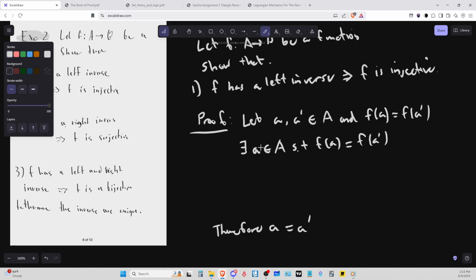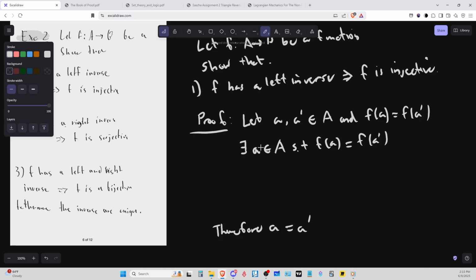Because there exists an... No. So let A and A prime be in A, and f of A is equal to f of A prime.